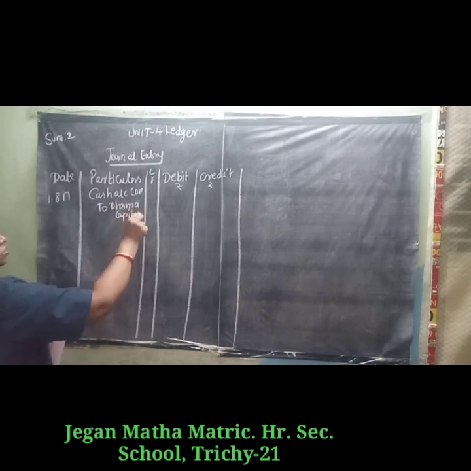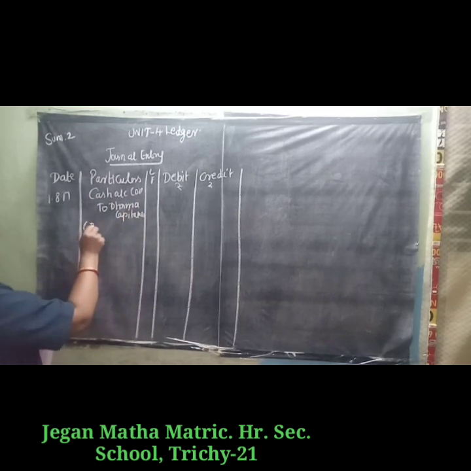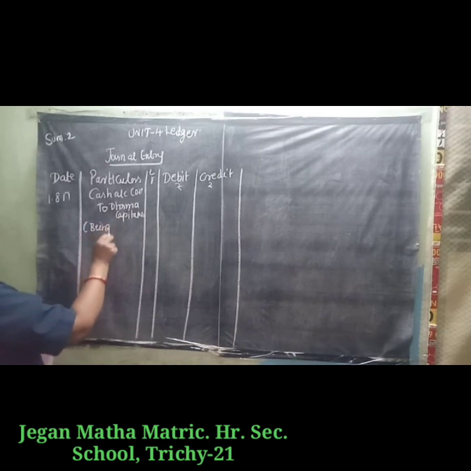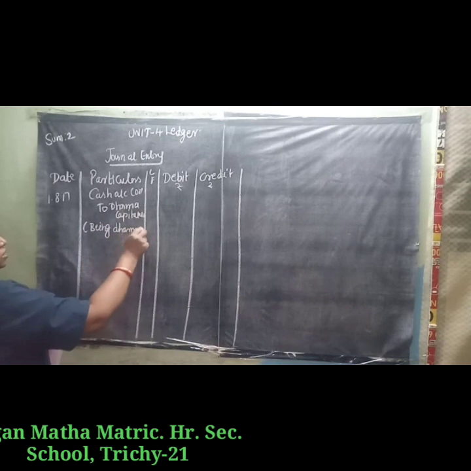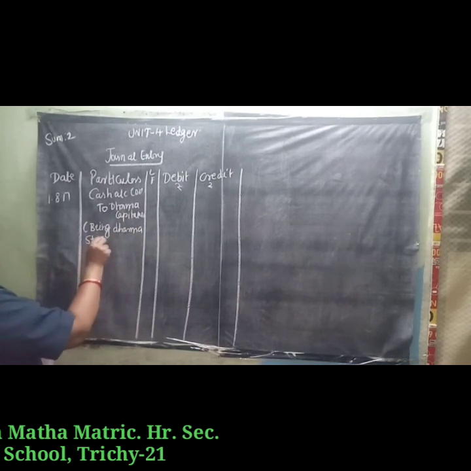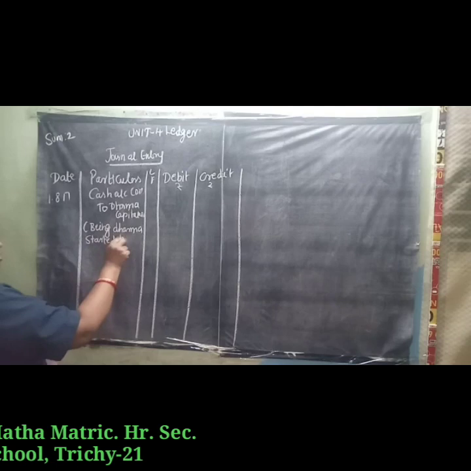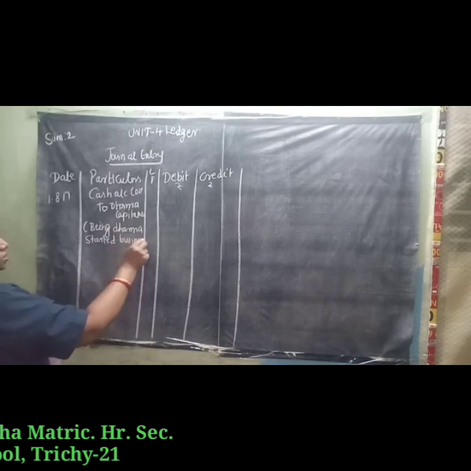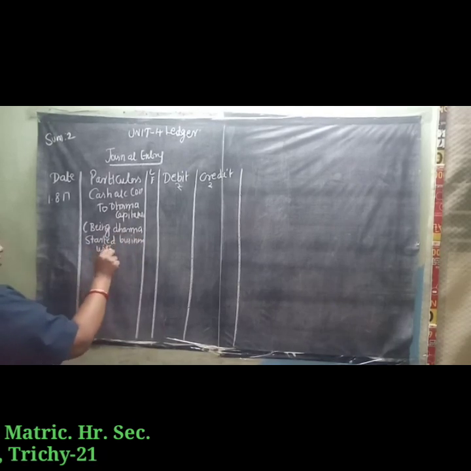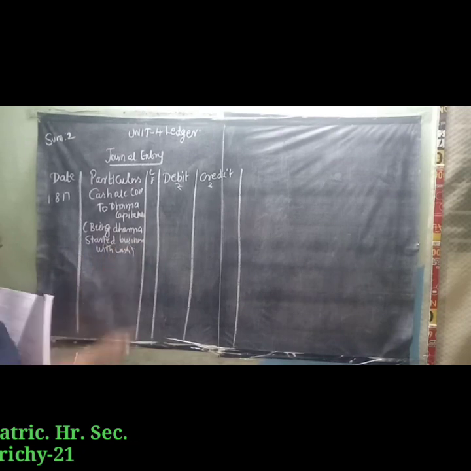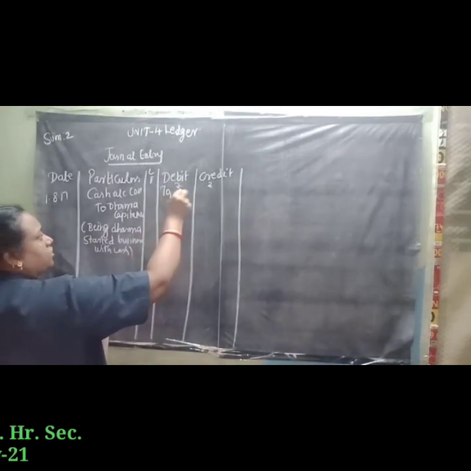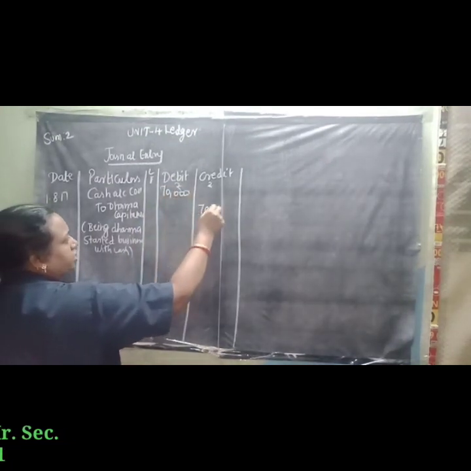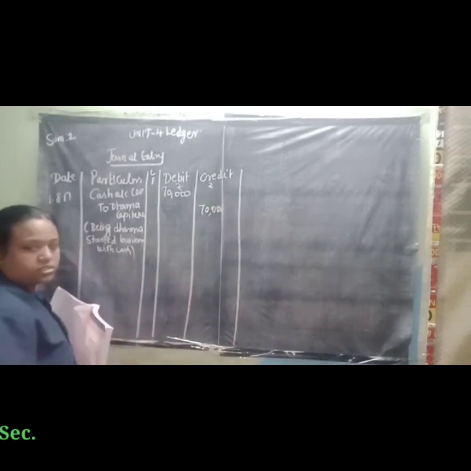Being, we have to write the narration: being Dharma started business with the cash. The amount 70,000. So cash on the debit side 70,000, and credit side 70,000.